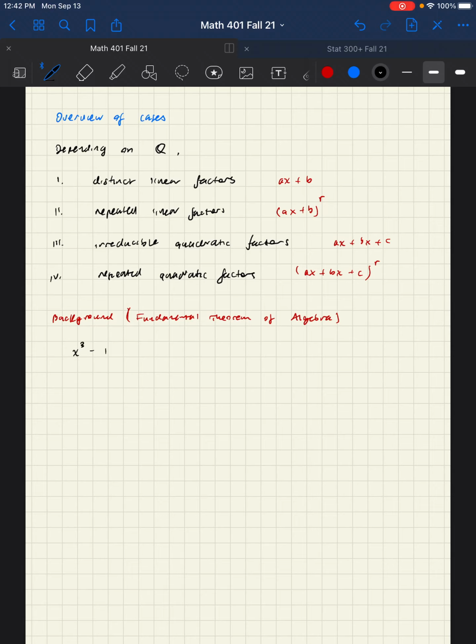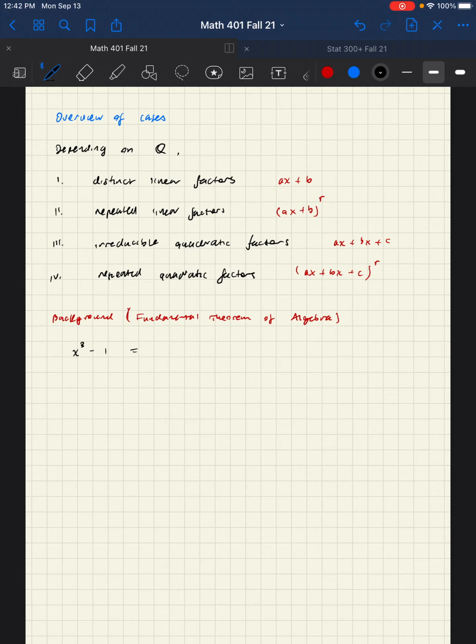Think of this as similar to whole numbers. So any whole number similarly can be broken down into irreducible prime numbers that make them up. So we would call that the prime factorization. Every polynomial can be broken up in this way.